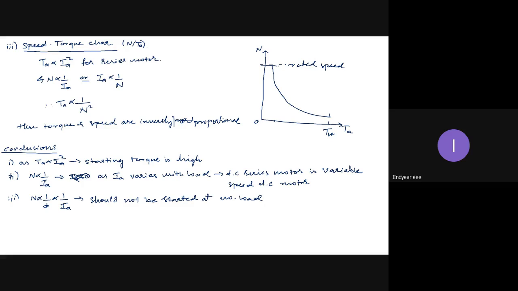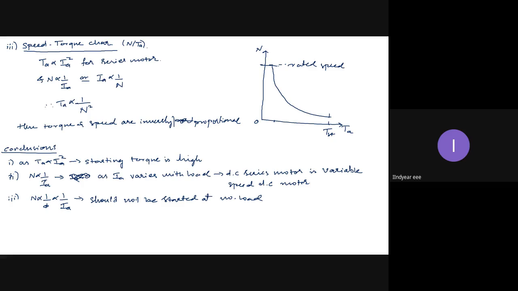We increased the speed by varying the field rheostat to 1500 RPM. Now, if a DC series motor can run at 3000 RPM at almost 1/4 of its full voltage, then what would be the speed at full voltage? It is dangerously high.